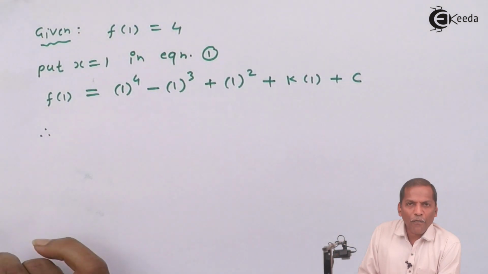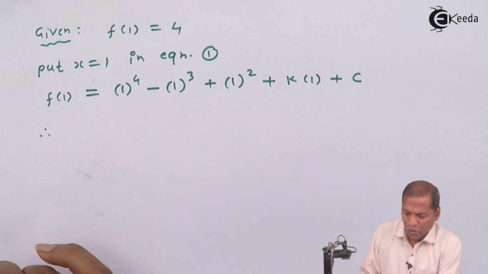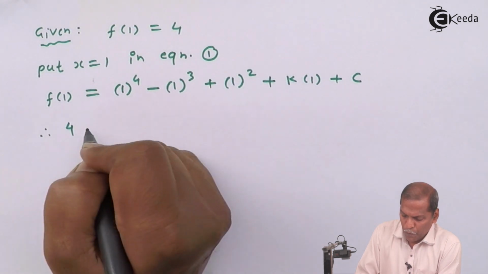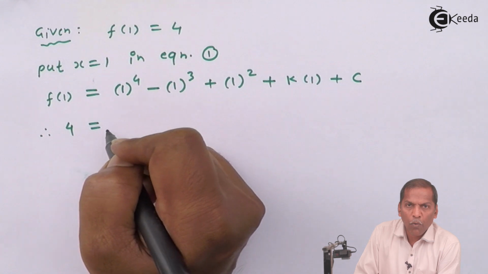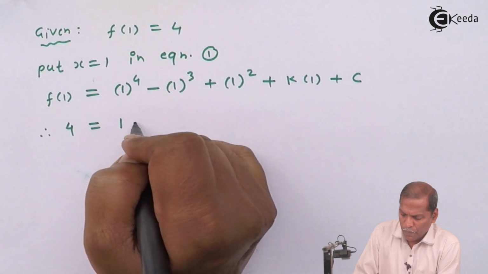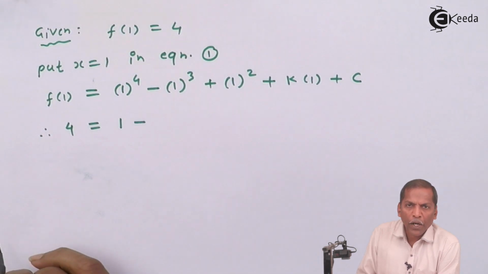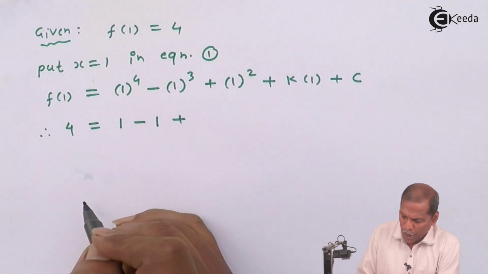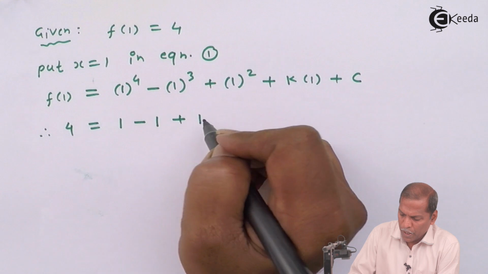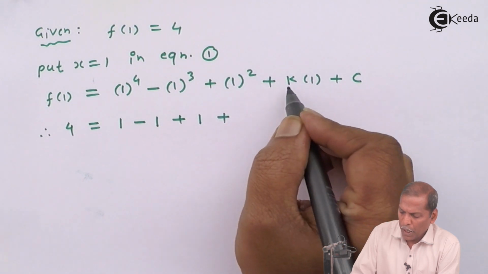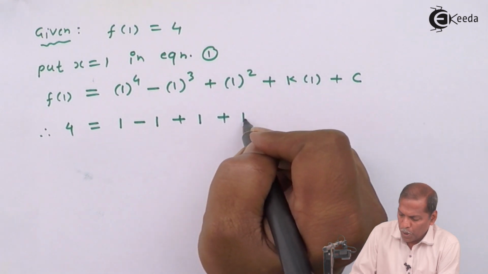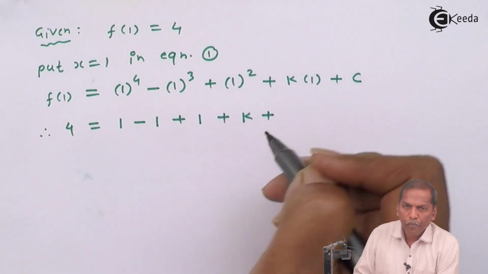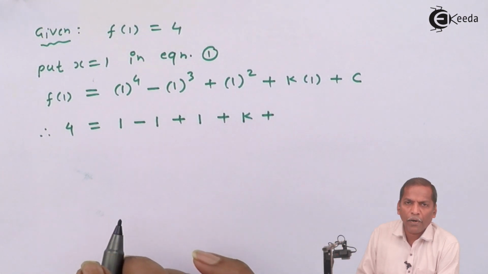Now for f of 1 we replace 4. So 4 is equal to, now 1 raised 4 gives 1, minus 1 cube gives 1, plus 1 square also gives 1, plus k into 1 gives k, plus, and for c we write 1.